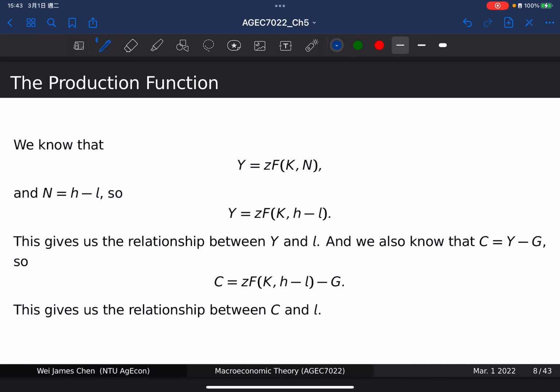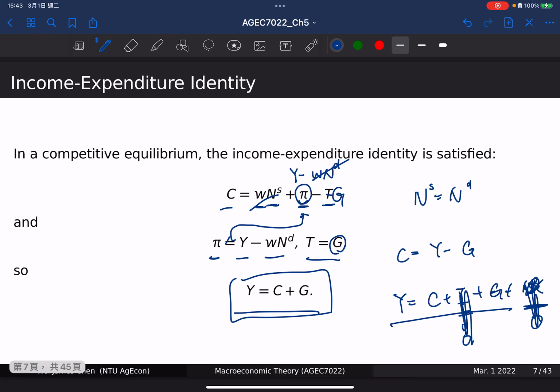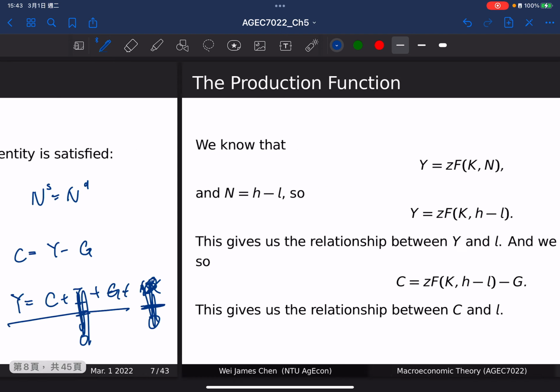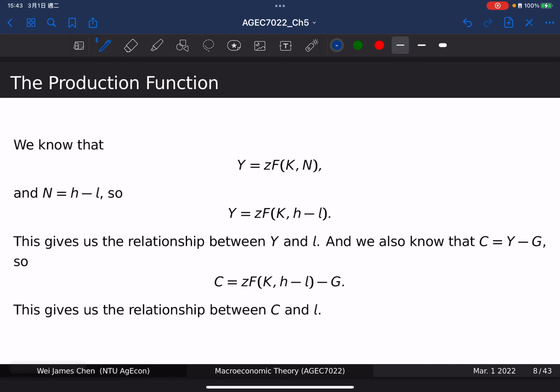Okay, and for the production function, this is what the C will look like, also the income expenditure identity. Now I'm going to go through a different angle to show you what the C would look like graphically. So we know that Y equals Z times F, right? And since labor is H minus leisure, that's how much hours you have.